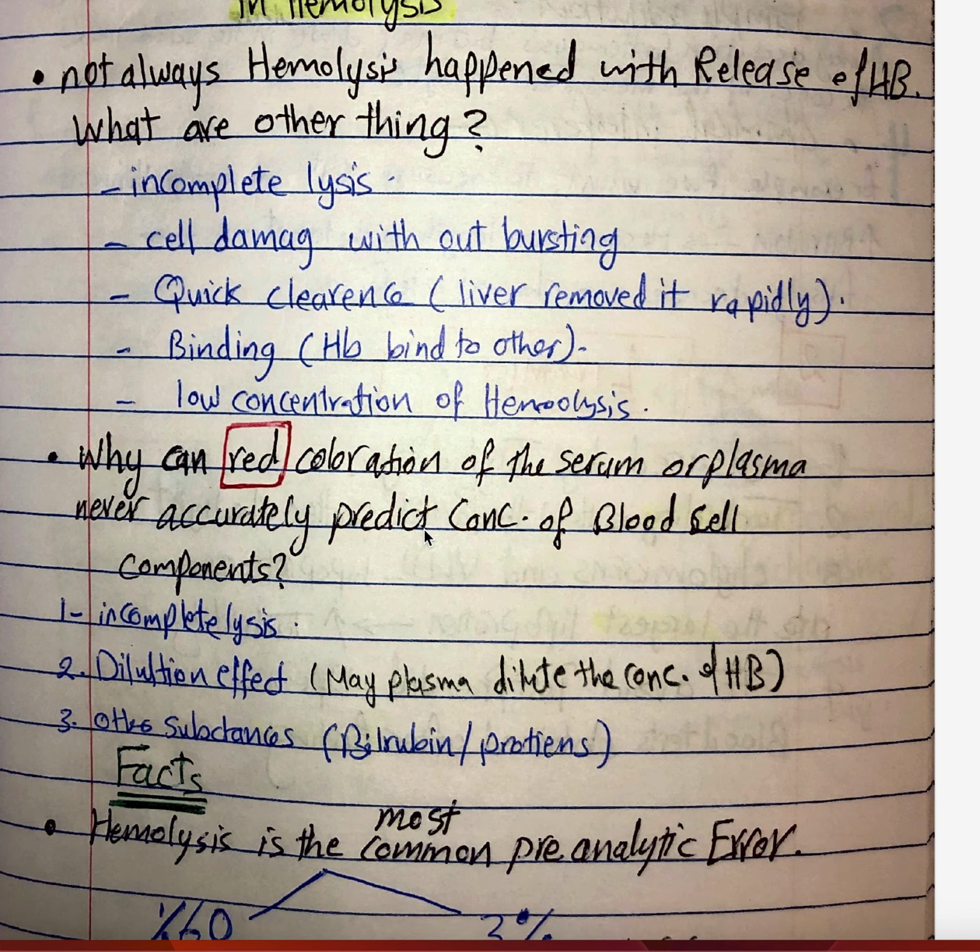Because of incomplete lysis, or because of the dilution effect: the plasma may dilute the hemoglobin, or other substances like bilirubin and proteins make a dilution for it. So the red coloration does not represent how many RBCs are present, because maybe it contains other components like bilirubin and protein, maybe incomplete lysis, or maybe a dilution effect.